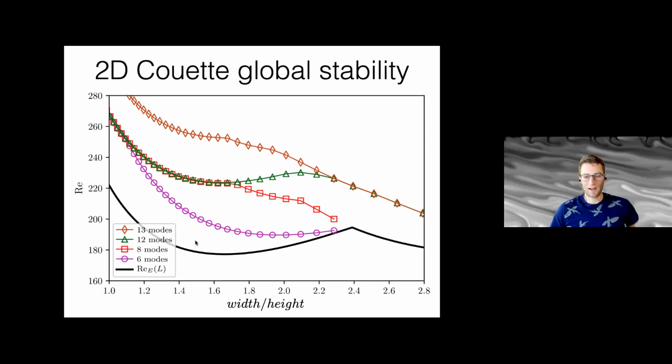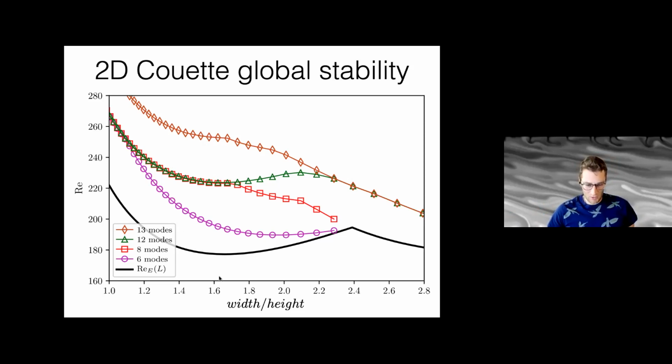Okay, but if I carry out the procedure that I described, well, with more and more modes, you do better and better. So let me just say with 13 modes that I'm explicitly letting my Lyapunov functional depend explicitly on the projection of the unknown perturbation onto 13 different modes of the energy stability operator. Right?